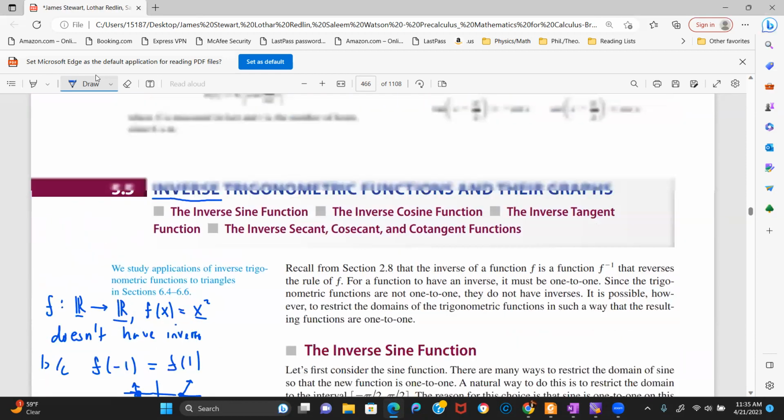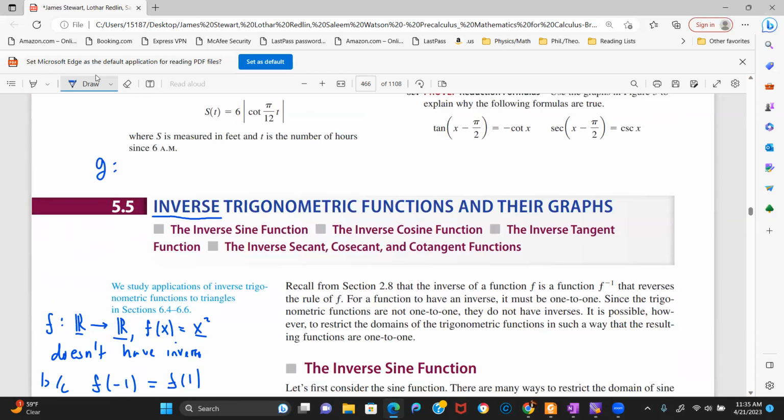But if you restrict the domain to, say, 0 to infinity as a function to R, with the same rule, then it has an inverse. Remember, a function is a rule together with a set or domain.